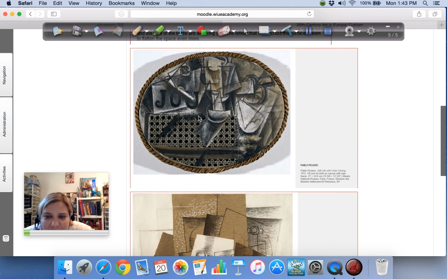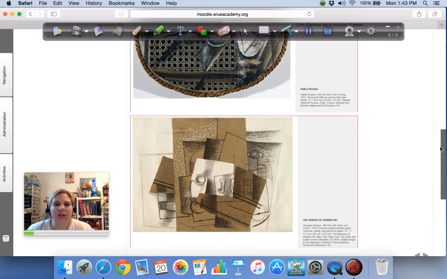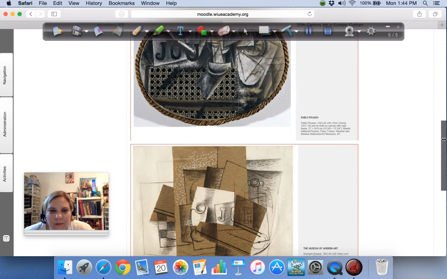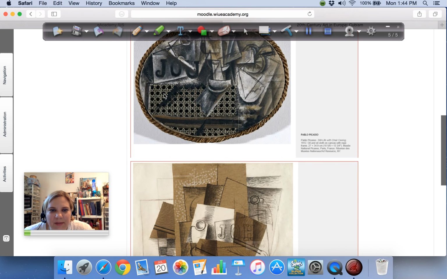1912. And you can see there's a rope frame, but he's taking things and breaking them up into the most basic shapes, as is Braque, who was working at the same time. This is 1914, and we have similar subject matter here.